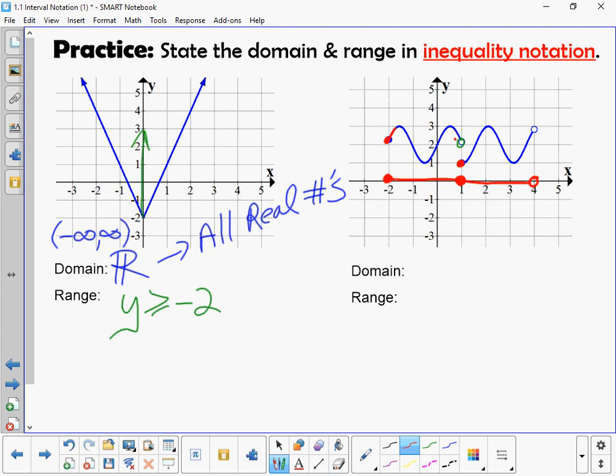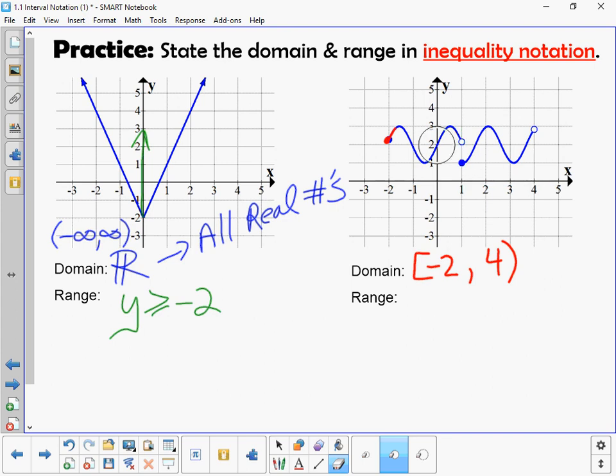So our domain, even though it looks like it might have 2 parts, it really only has 1 part, from -2 to 4. And the -2 is included and the 4 is not included. It's not necessary to break this up. It's really continuous in the x direction.